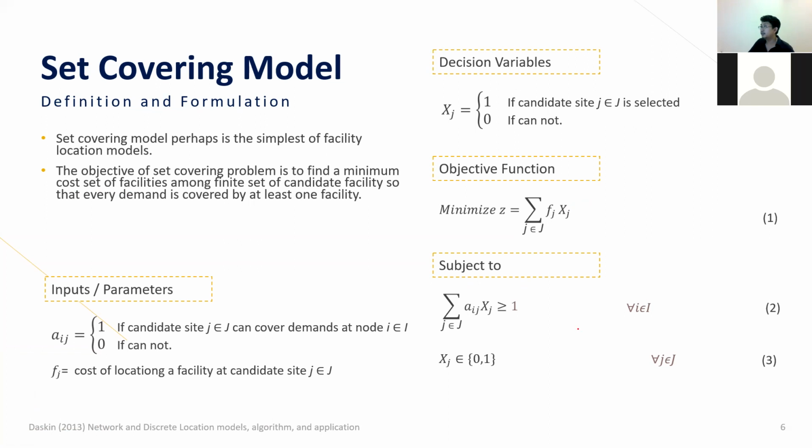and for the constraint here we have the constraint that each demand should be covered by at least one facility.